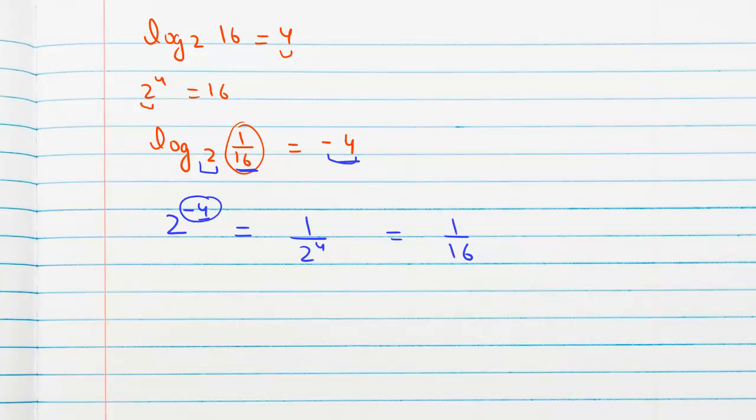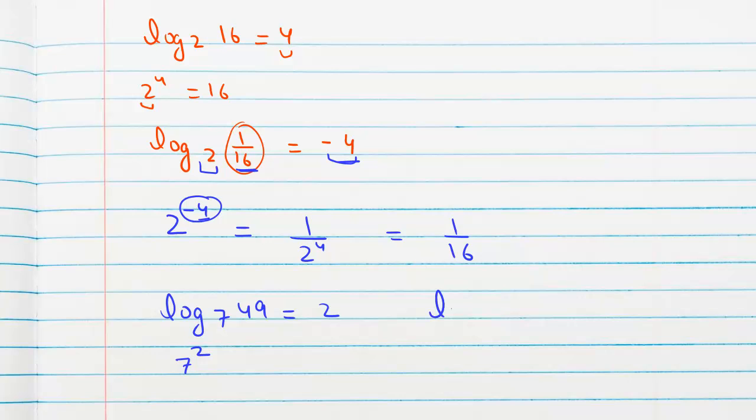Okay. Similarly, we have, let's say, log base 7 of 49. What is the power of 7 that gives 49? Well, 7 times 7 is 49, right? 7 to the 2 power or 7 squared.